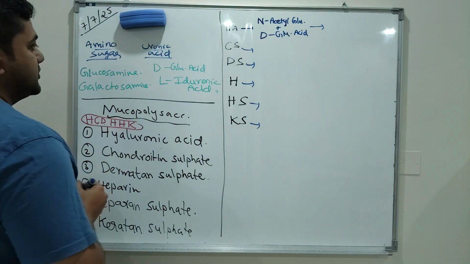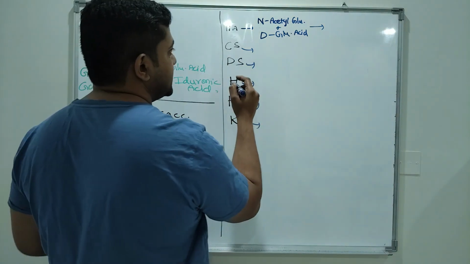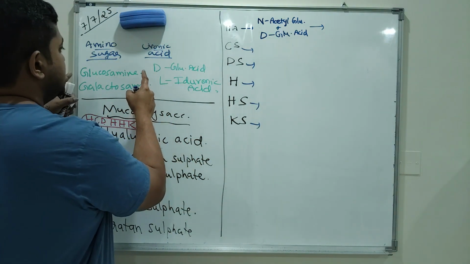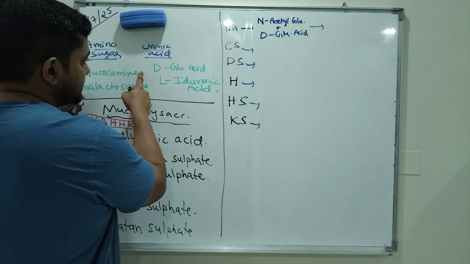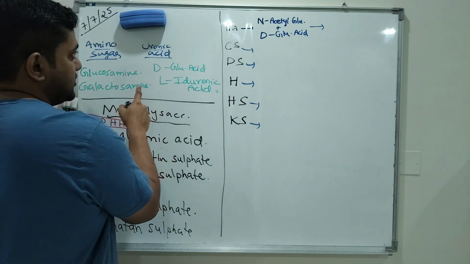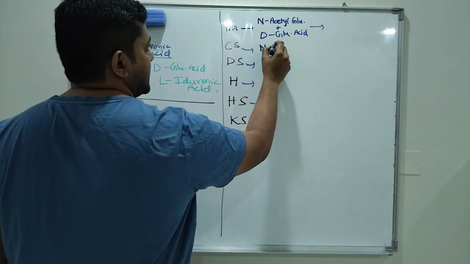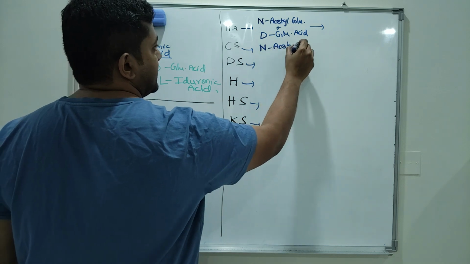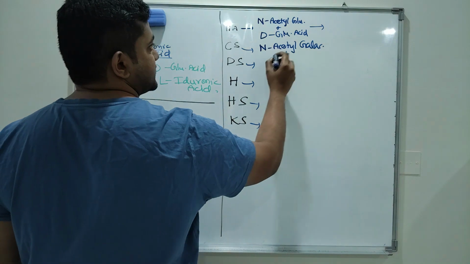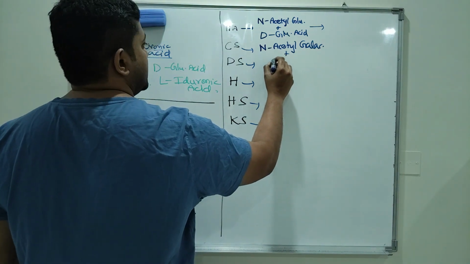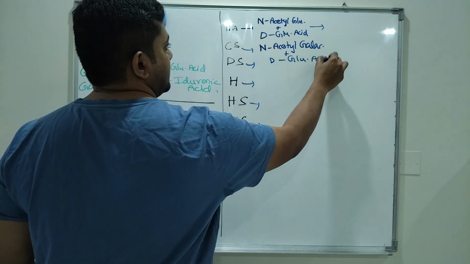Coming to chondroitin sulfate, the combination is N-acetyl galactosamine and D-glucuronic acid. The first one was N-acetyl glucosamine and D-glucuronic acid; chondroitin sulfate is N-acetyl galactosamine and D-glucuronic acid.